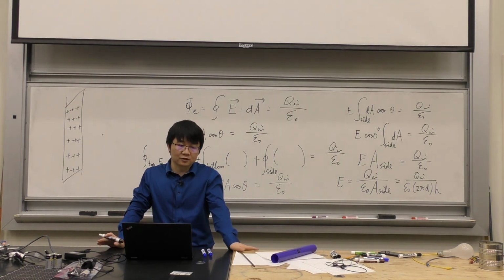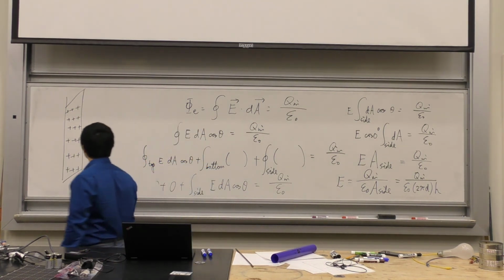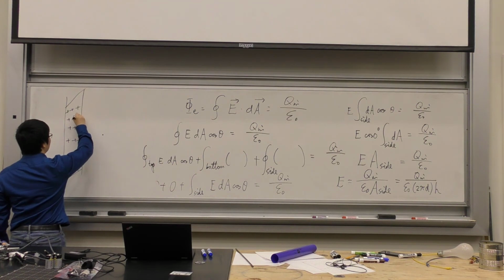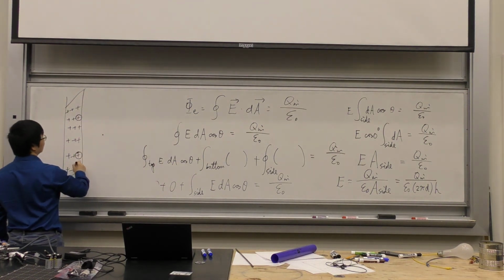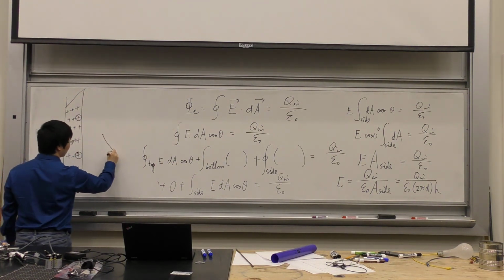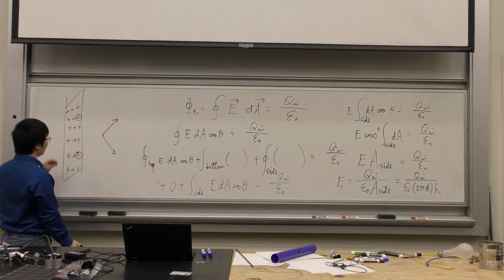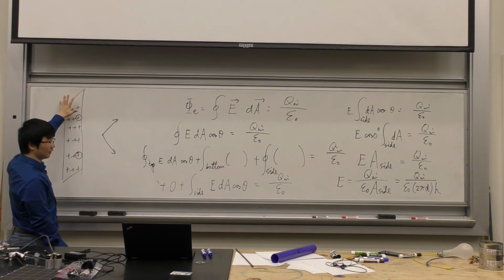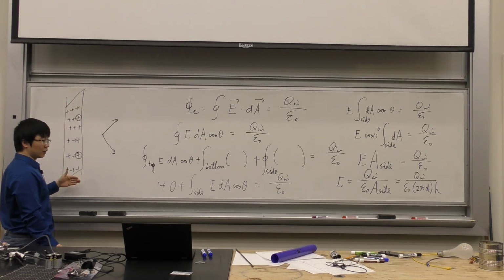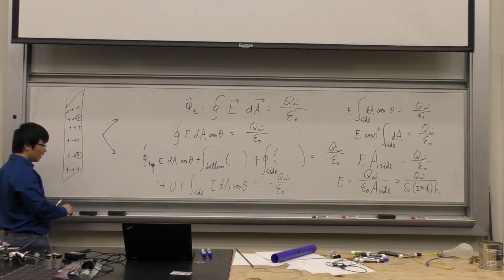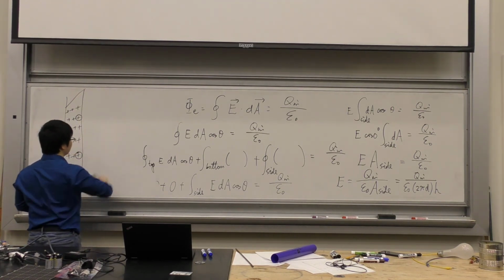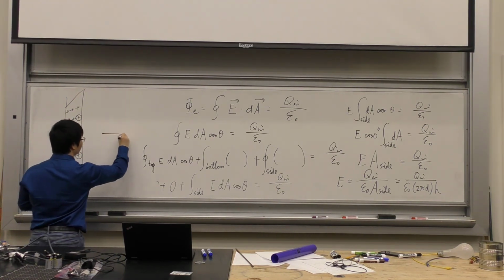You can even guess that because we have done so many problems. You can pick this point and this point. They're going to have electric field going this way and this way. Y components cancel, only X components left. We assume this is a very big plane, so for any point you pick here, you can always find one at the top and another at the bottom, cancel out these Y components, only X components left. So at the end, the electric field at this point is always in that direction.